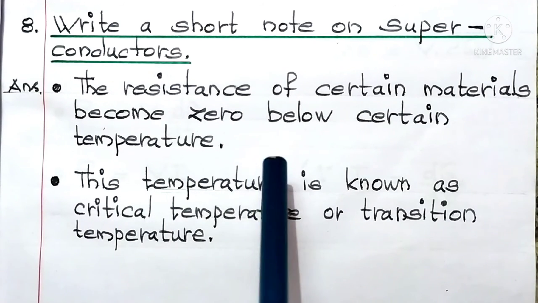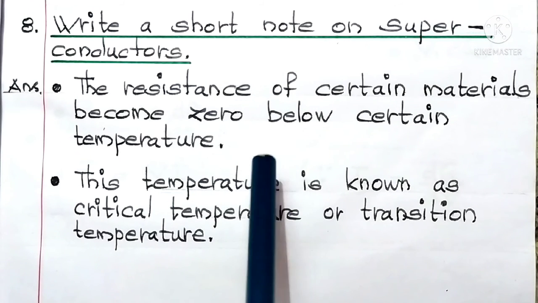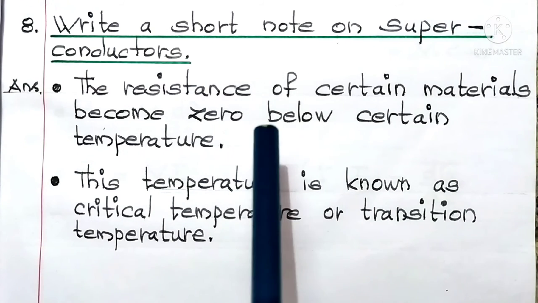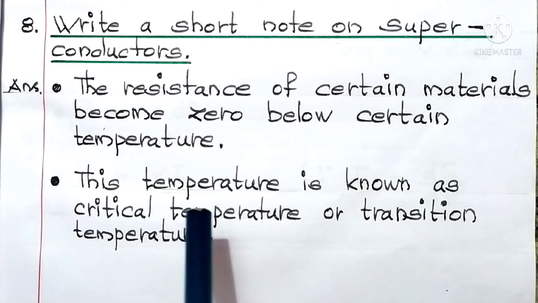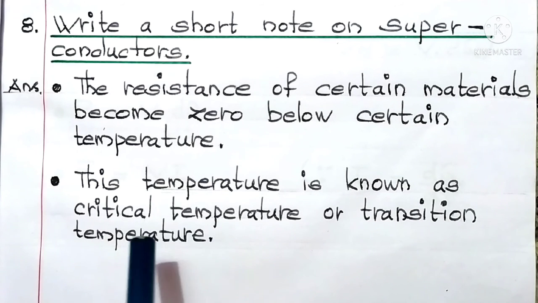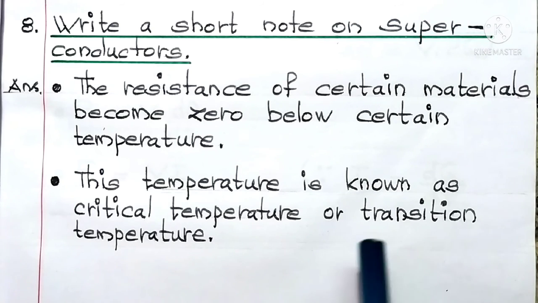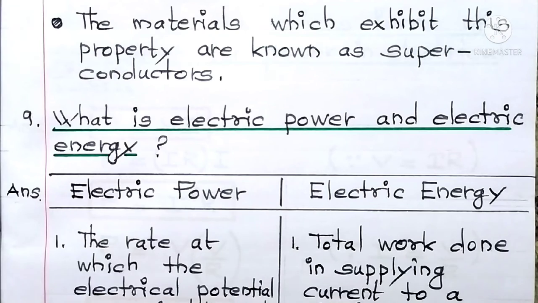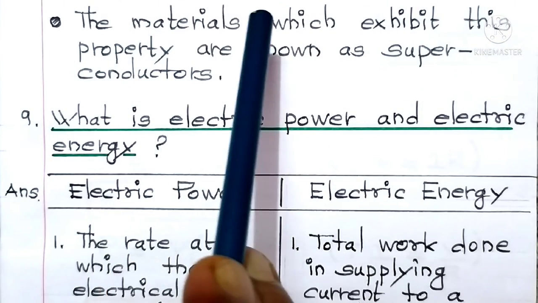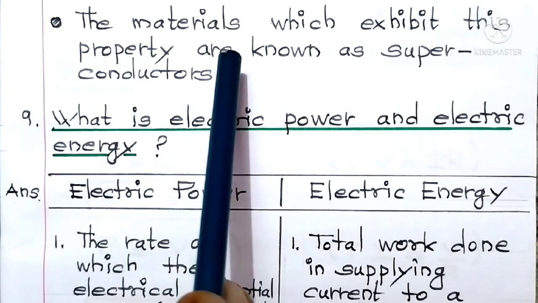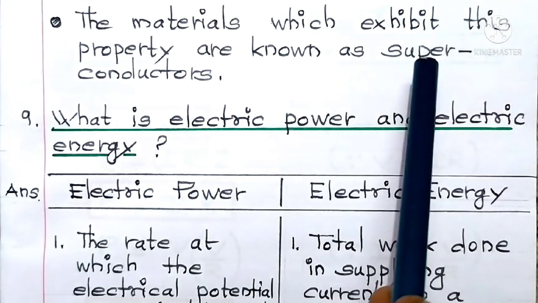There is a particular temperature below which the resistance of certain materials becomes zero. That particular temperature is known as critical temperature or transition temperature. The materials which exhibit this property are known as superconductors.